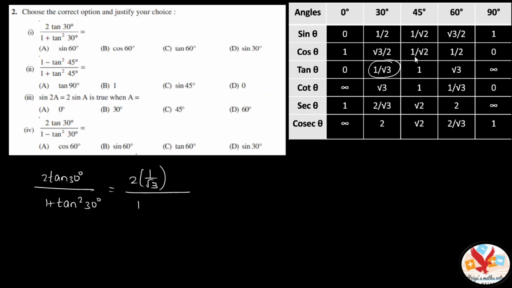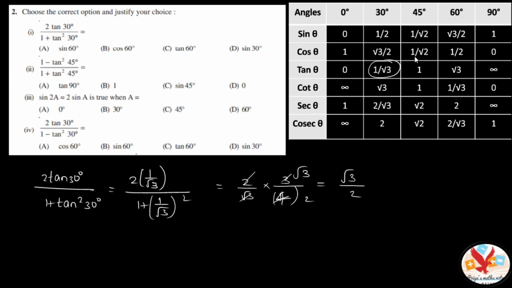by 1 plus 1 by root 3 the whole square. Just to simplify, 2 by root 3 into root 3 into root 3 is 3, 3 by 3 plus 1, which is 4. Therefore root 3, here it is 2. This is nothing but root 3 by 2.